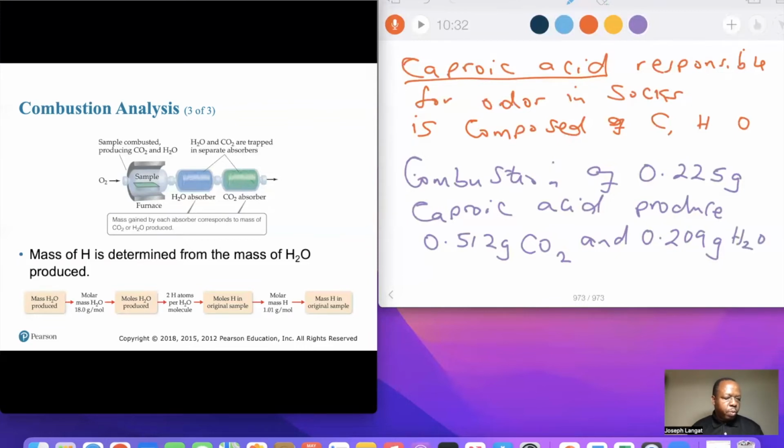What is the empirical formula? So the question is, A, what is the empirical formula?